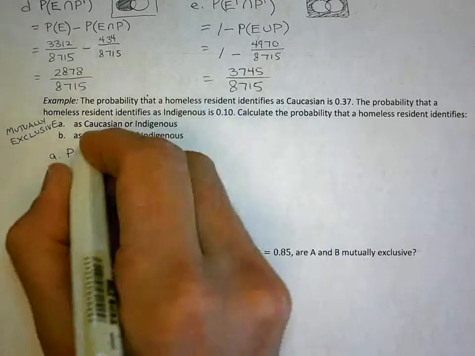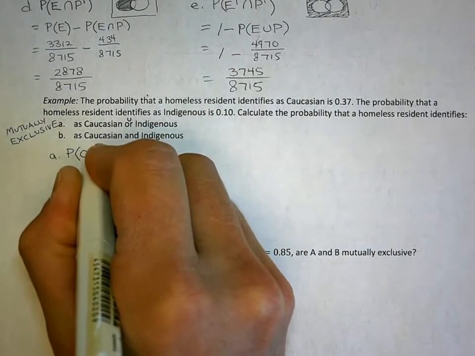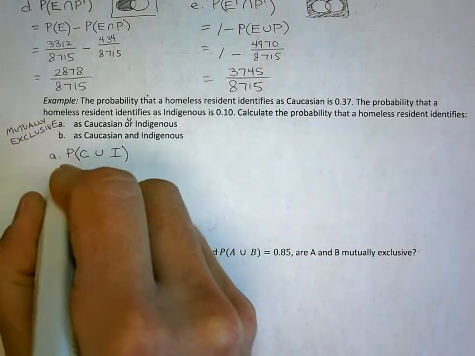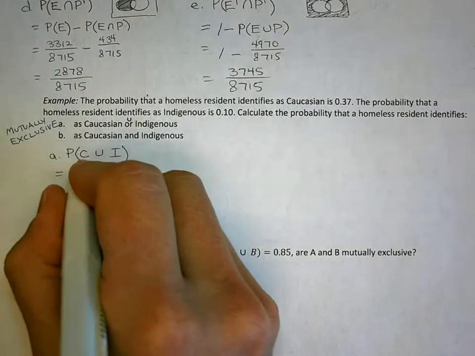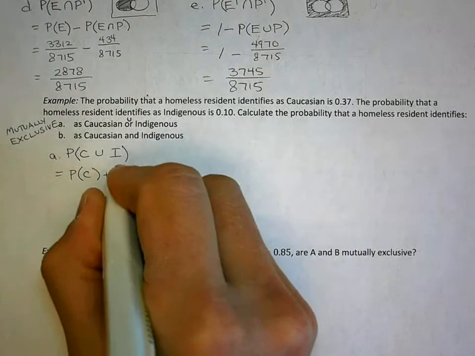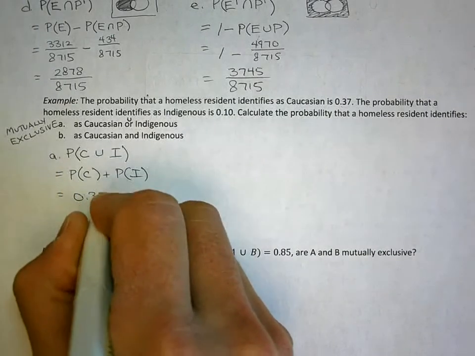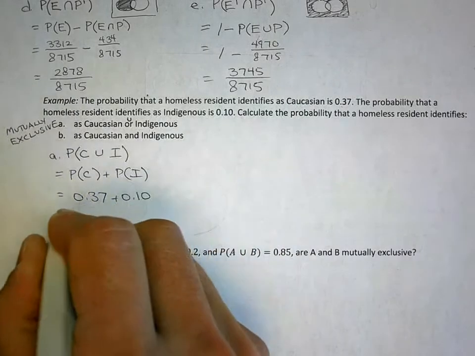So if I'm asking for or, which is the union, this would be the union of Caucasian, union Indigenous. So if we go back to my addition rule, if something's mutually exclusive, the circles don't overlap. So I just add the two probabilities. So 0.37 plus 0.10 gives me 0.47.